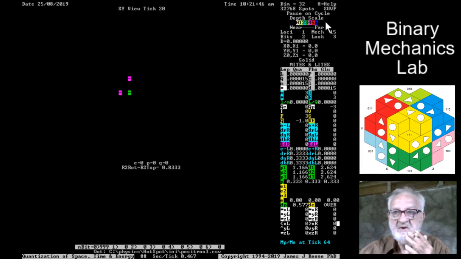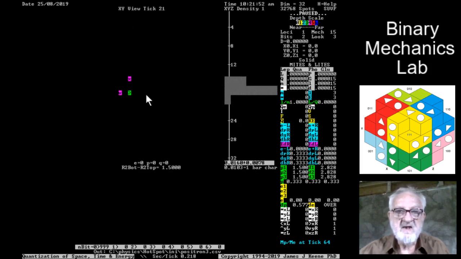That's indicated up here, pause on cycle. So you see the 3 quanta in the original positron spot have separated out into the 3-bit cycles in adjacent spot cubes of the proton bit cycle.